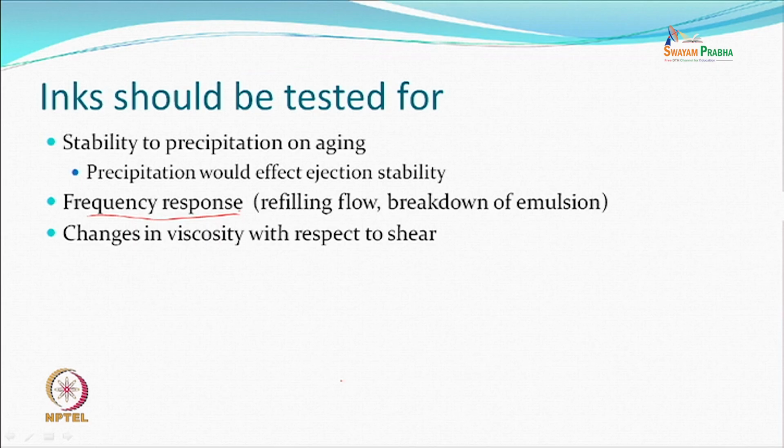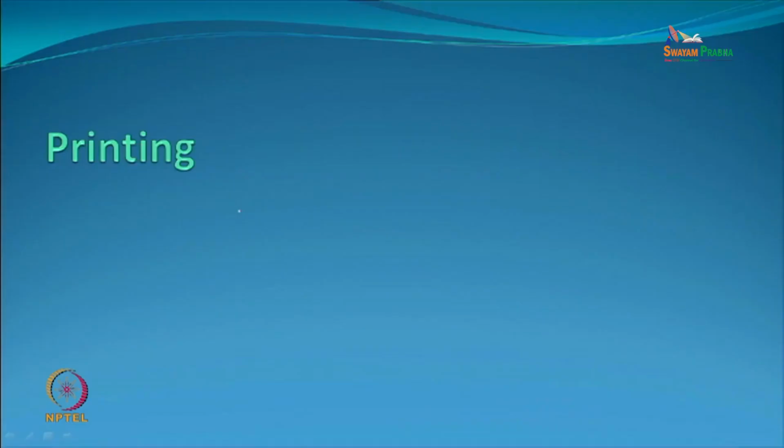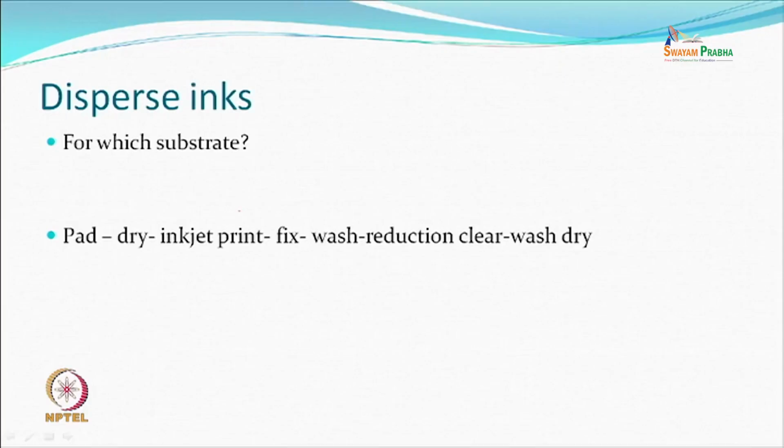Changes in viscosity will happen when you shear, so those kinds of properties may have to be tested. You look at whether it changes only this much, which is fine for us. If it changes too much, then it may start dripping. Then printing with the dispersed inks: obviously direct printing, substrate polyester.